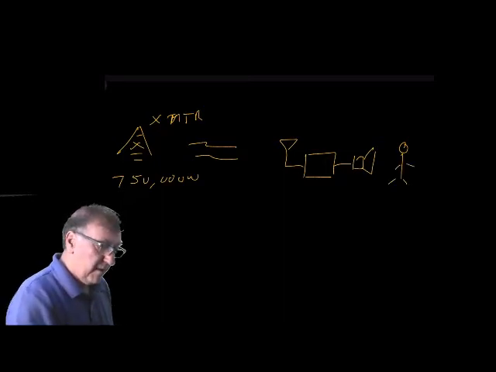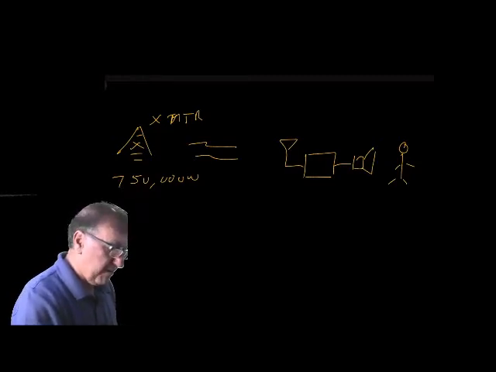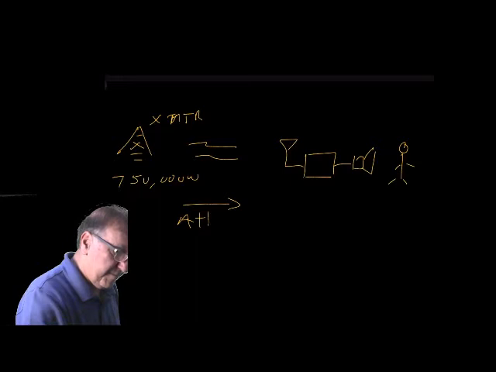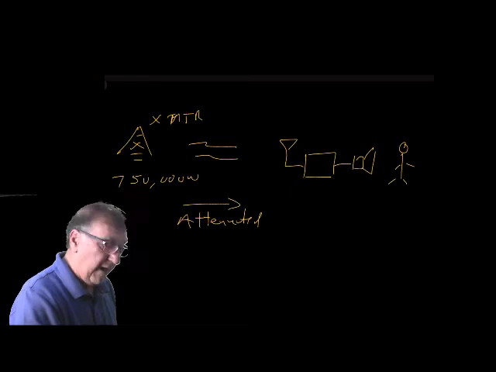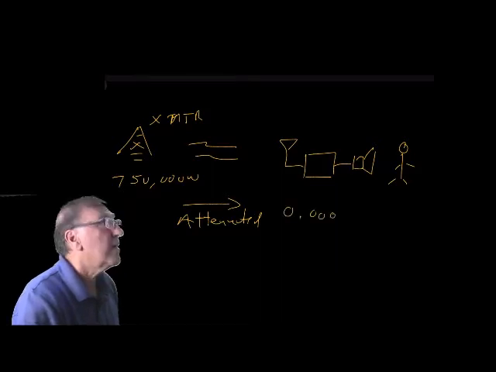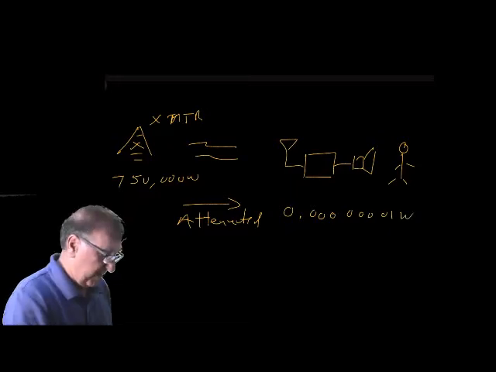So we have 750,000 watts transmitted power, and it's attenuated by the air. And at the other end, we receive a signal that's 0.00000001 watts.